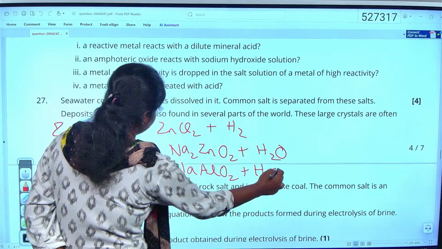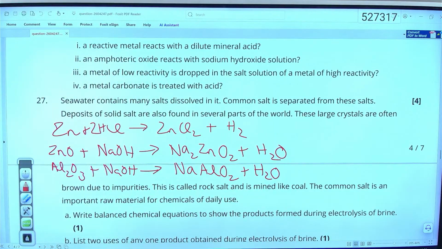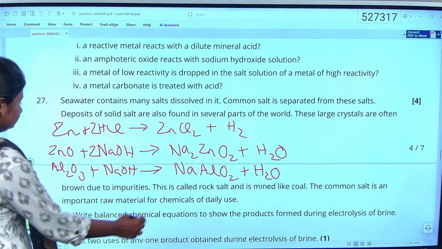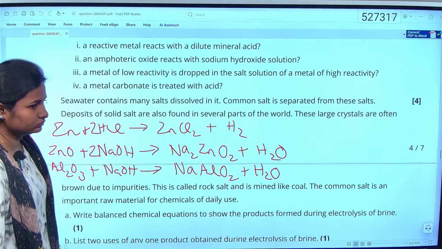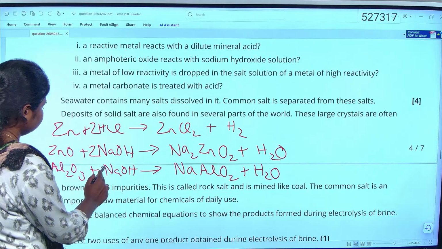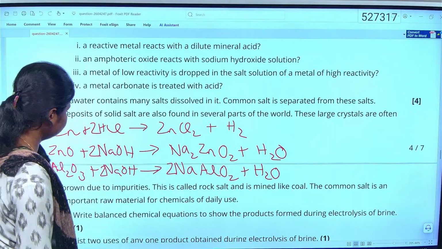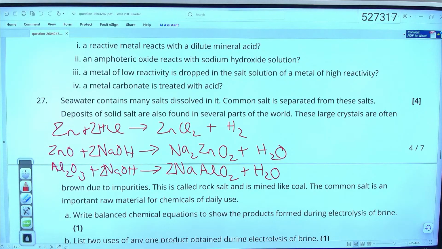So balance the equation. Balance it. Here it comes 2, so here also 2 NaOH will come. So Na2ZnO2.